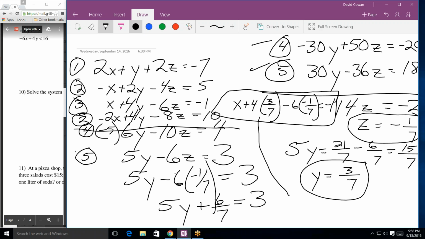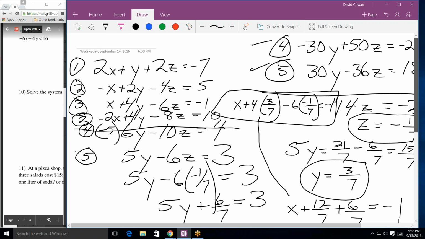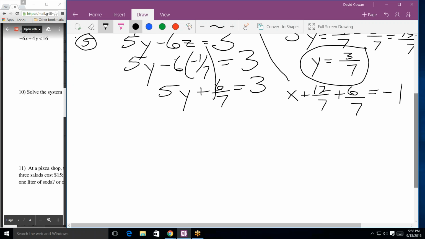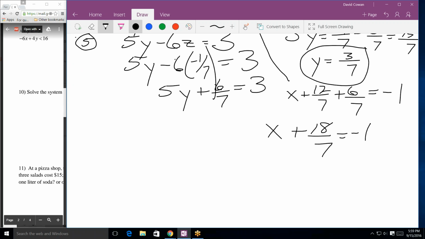Right. So if I bring that down, I've got x plus 12/7 plus 6/7 equals minus 1, which is x plus 18/7 equals minus 1. I'm going to subtract 18/7 from both sides. So I get x equals minus 1 minus 18/7. What's the answer to that?